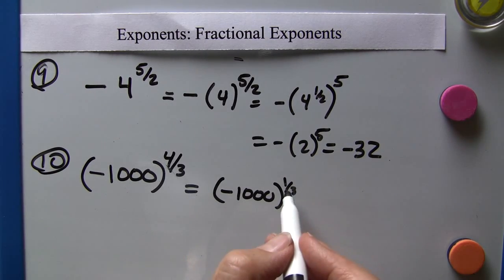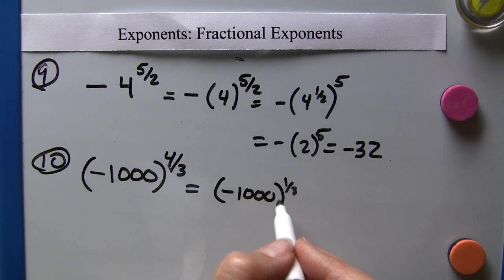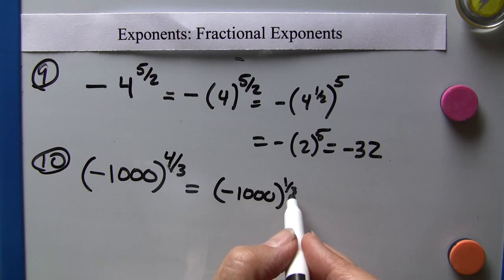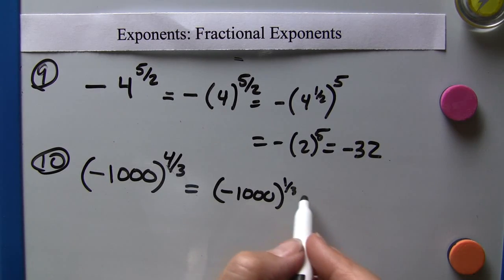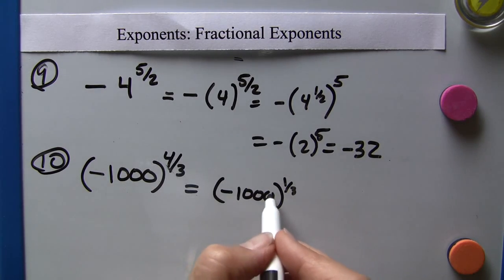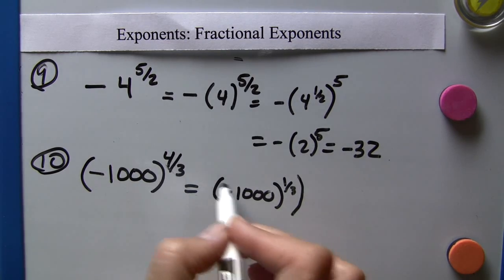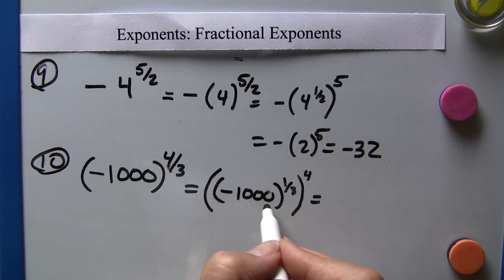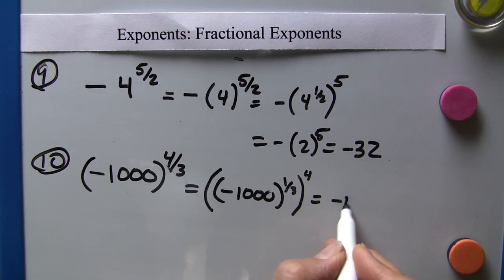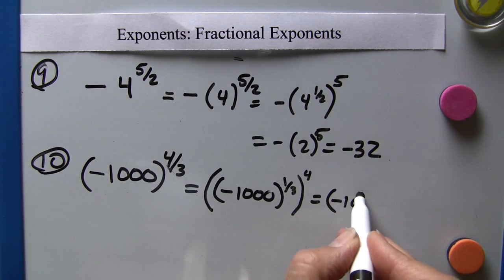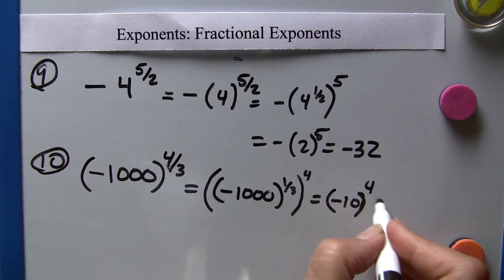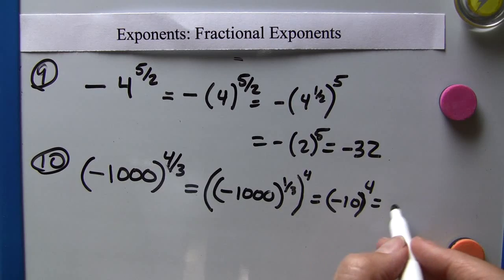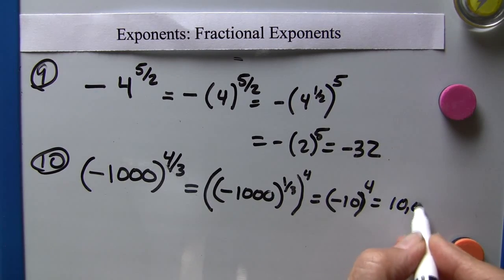We can't take an even root of a negative number. We can't take the square root or the fourth root, but we can take a root with an odd denominator here. Negative 1,000 to the 1/3 raised to the 4th. Well, negative 1,000 raised to the 1/3 is negative 10. And then to the 4th, well, that would clear away the negative sign because that's an even exponent, so that's 10,000.